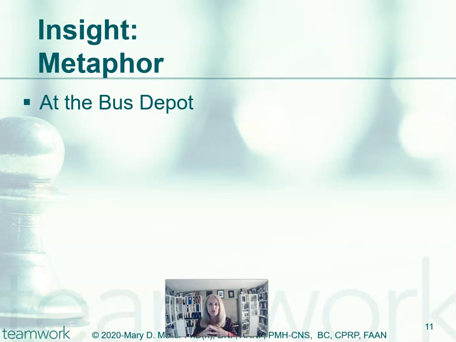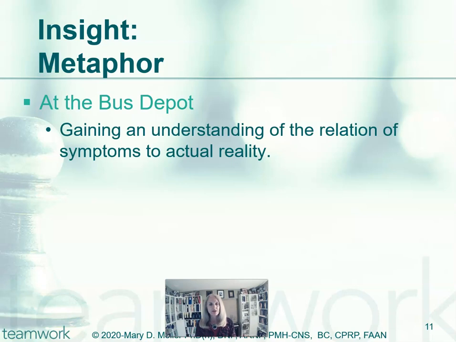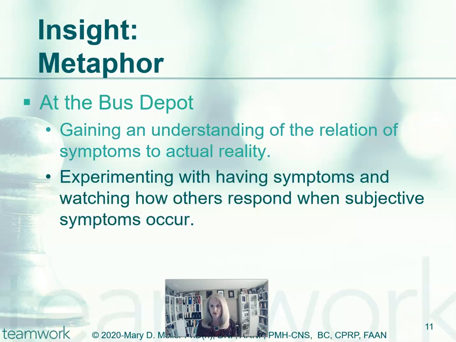And I'm going to explain what happens when they're able to actually maybe integrate in and become an active part of society. So what's happening here is they're gaining an understanding of the relationship of their symptoms to the reality that everybody else experiences. They're experimenting with having those symptoms and watching how others respond when they experience subjective symptoms.